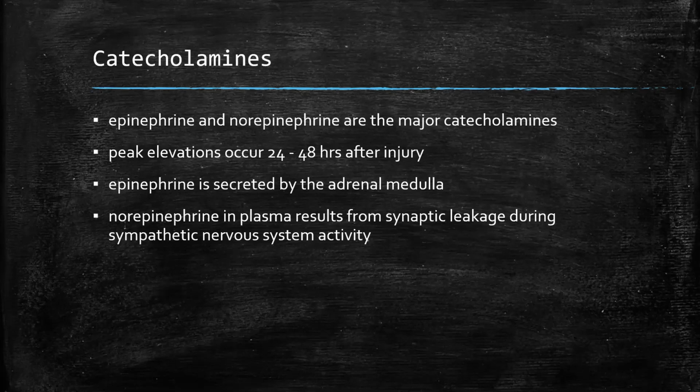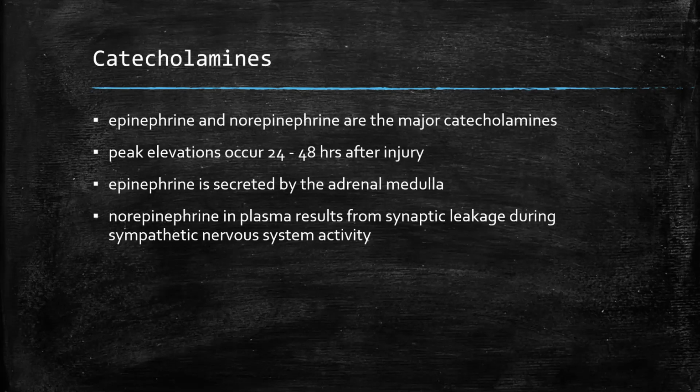So the sympathetic nervous system primarily produces epinephrine. Norepinephrine is sort of a byproduct. It's not really secreted by the adrenal gland. Norepinephrine is basically a neurotransmitter in ganglia. And when the sympathetic nervous system is heavily stimulated, you get some sort of leakage of norepinephrine into the circulation.